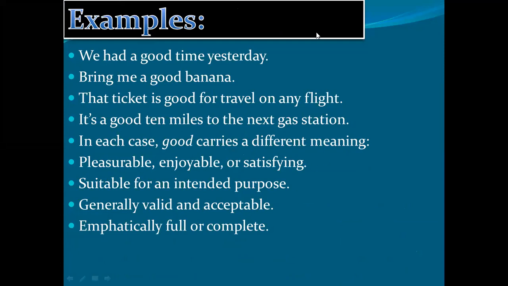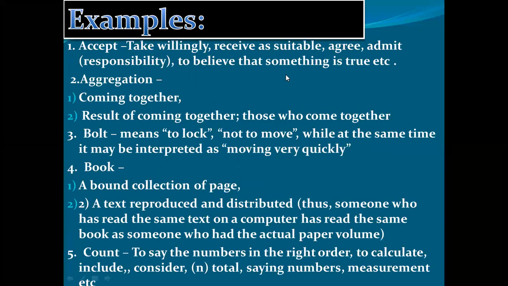In the first sentence, we had a good time yesterday, the word good means pleasurable, enjoyable, or satisfying. And in the second sentence, bring me a good banana, the word good means suitable for an intended purpose. So a word can have more than one meaning. That is called polysemous words.